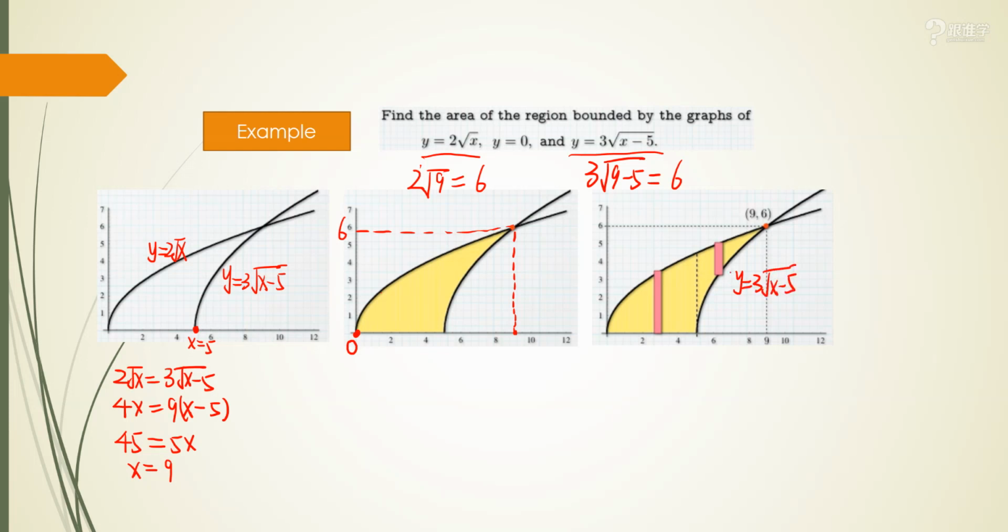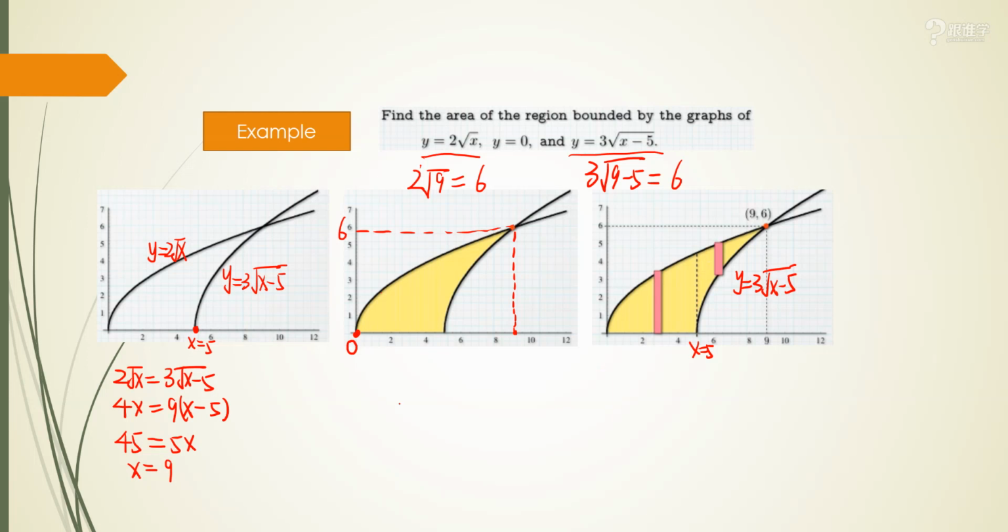Something different from previous examples, because this time, for different regions, the area differential dA will be expressed in different forms. And clearly the cutoff point is x equals 5. So, in order to calculate the whole area, we must now break the whole region up into 2 pieces.